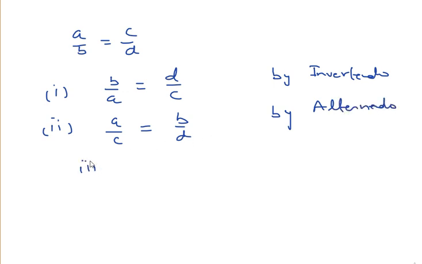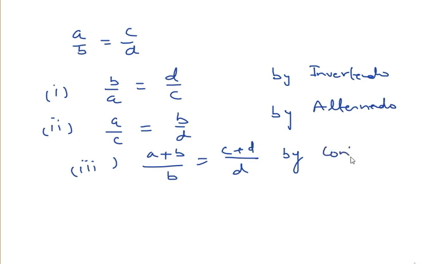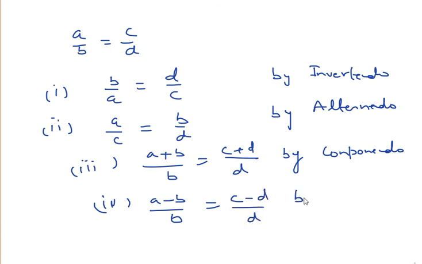And A plus B upon B is equal to C plus D upon D, this we get by applying componendo. And A minus B upon B is equal to C minus D upon D by applying dividendo.